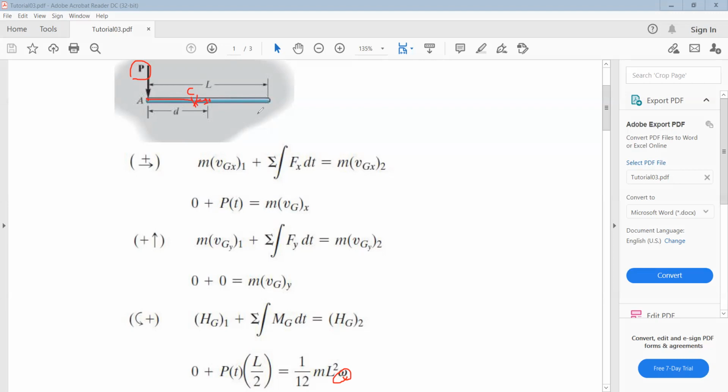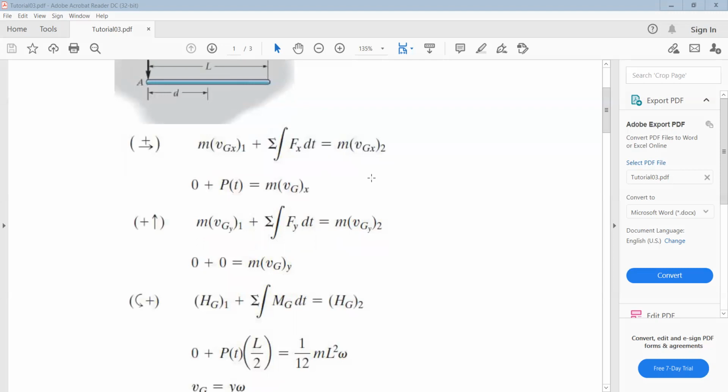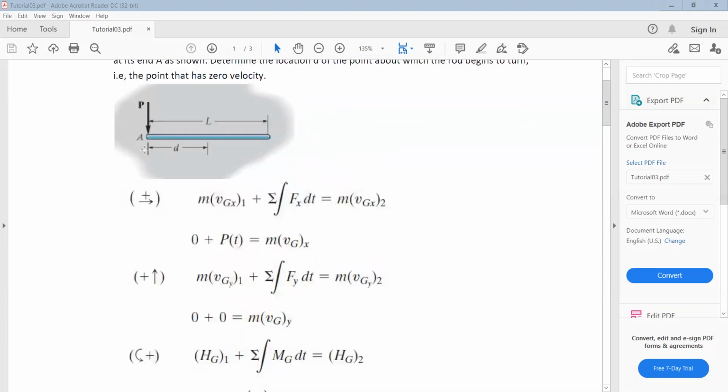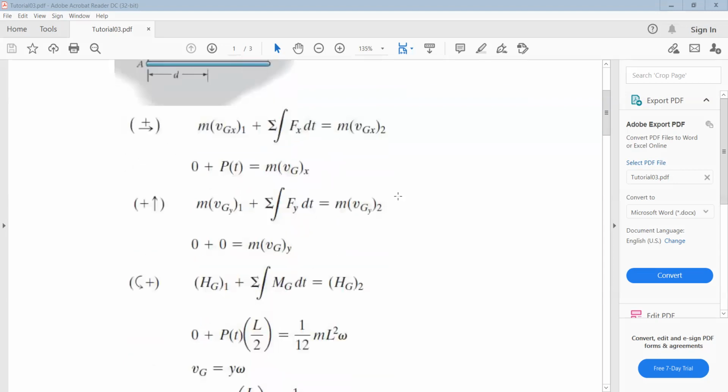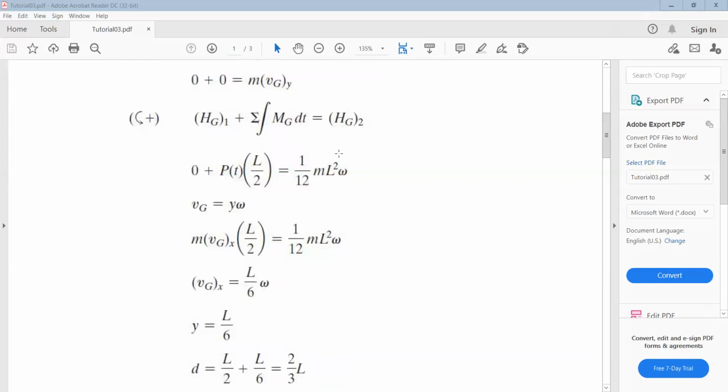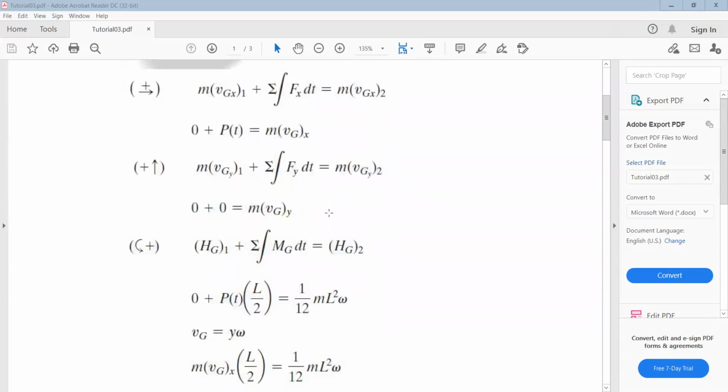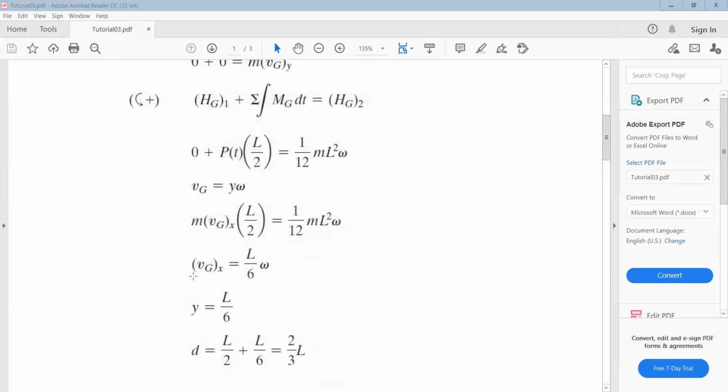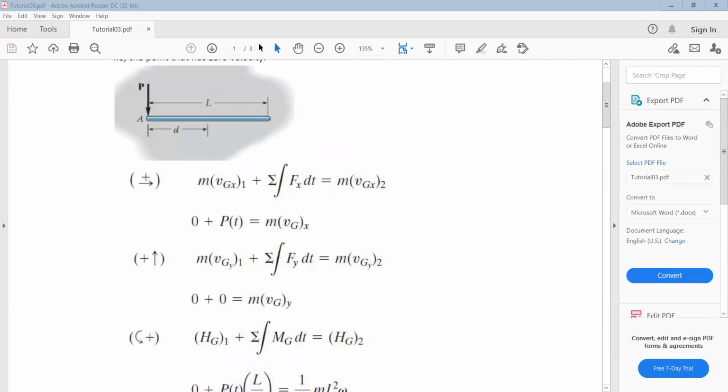So we can write that VGX, the velocity of the mass center in X direction, which, as I told you, X is the vertical coordinate. So we can write VGX as a function of omega. So we can assume that VGX is equal to Y times omega, where Y is equal to this length, as I told you.